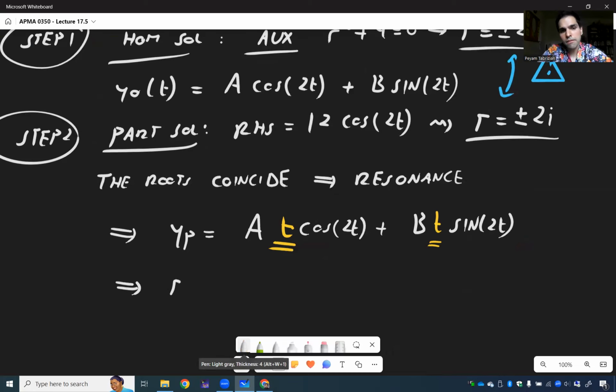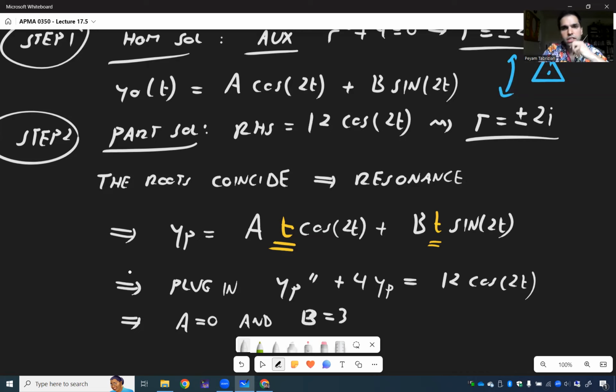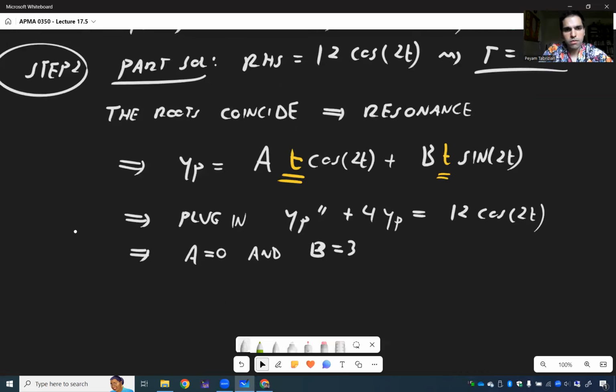If you plug in yp double prime plus 4yp equals 12 cosine of 2t, then it turns out you get a equals 0 and b is 3, which now gives you the solution.